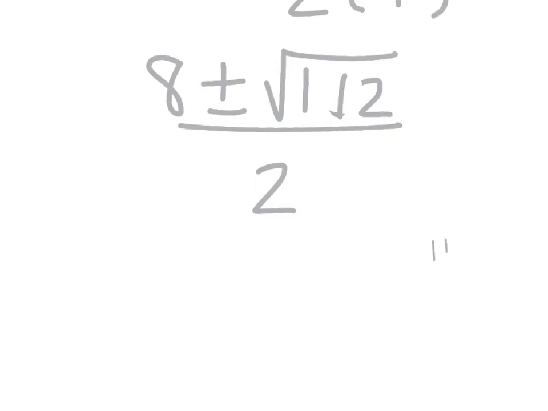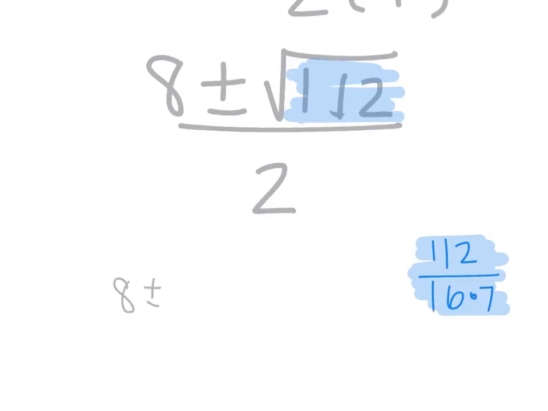So 112 is 16 times 7, which means I can make this square root of 112 look much better, because it will end up being 8 plus or minus, what's the square root of 16? 4, so it can come outside because it looks pretty. Square root of 7 needs to stay inside because it looks ugly, divided by 2.